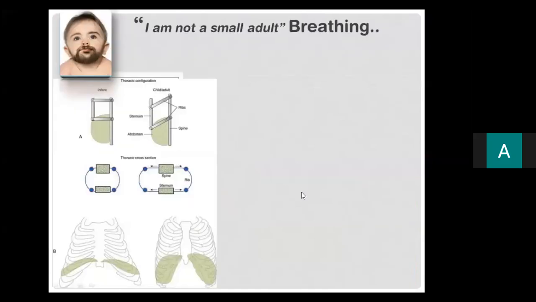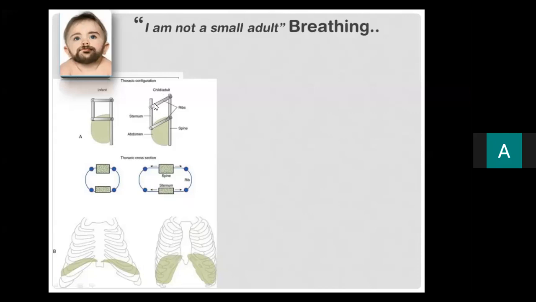So looking at the physiology of their airways, if you look at their thoracic cavity, for an older child, say 5 years and above, this is what their rib cage looks like. You have their ribs inserting anterior inferiorly, as opposed to that in an infant. And so when they breathe in, this becomes more horizontal.